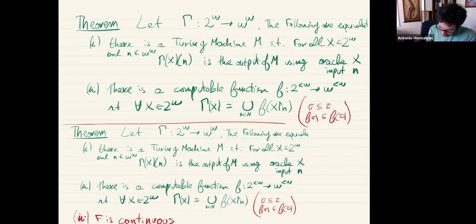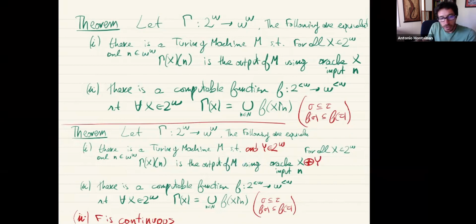So there exists a Turing machine M and a set Y, an oracle, such that for every n, the output of this function on X with input n is the output of the Turing machine M using oracle X together with Y. So we put X and Y together and input n.